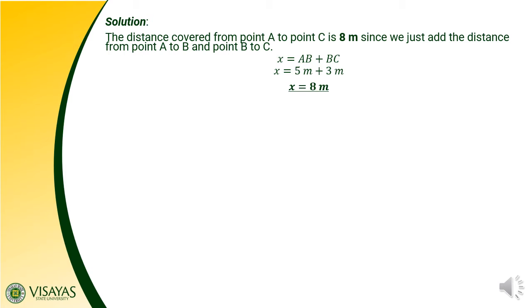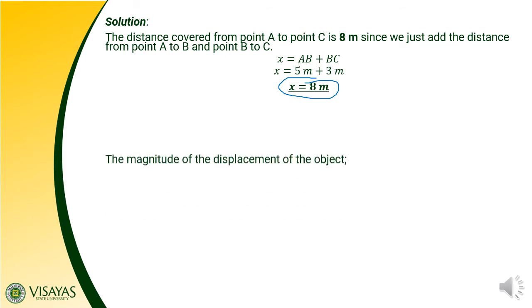Remember also that distance is a scalar quantity, so it doesn't care about the direction of the travel or motion of the object. It is more focused on the magnitude of the motion. So we will just add the numerical values, disregarding the direction of the travel. So we come up with the value for distance, which is 8 meters.